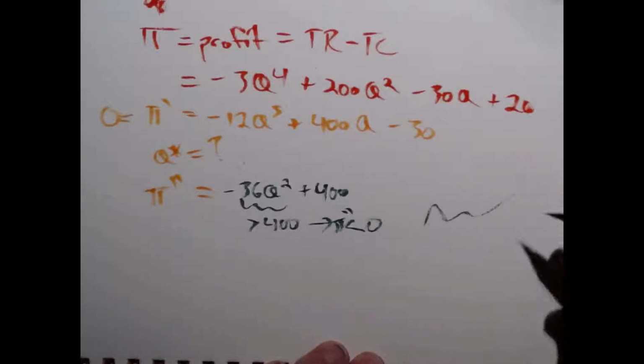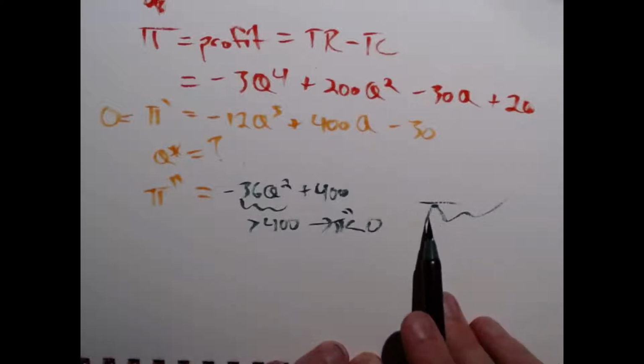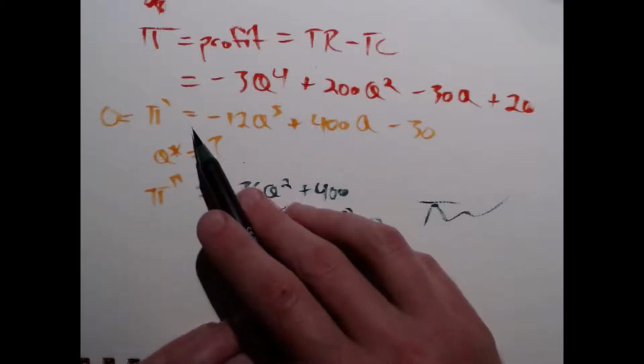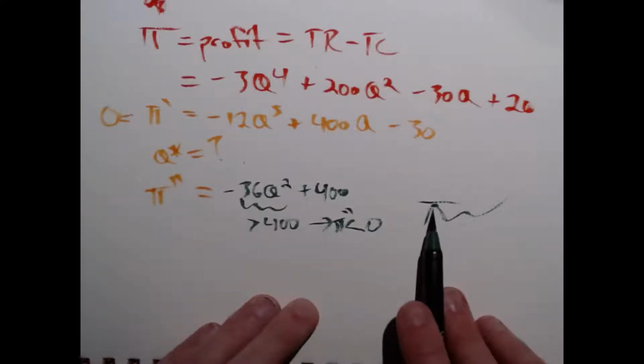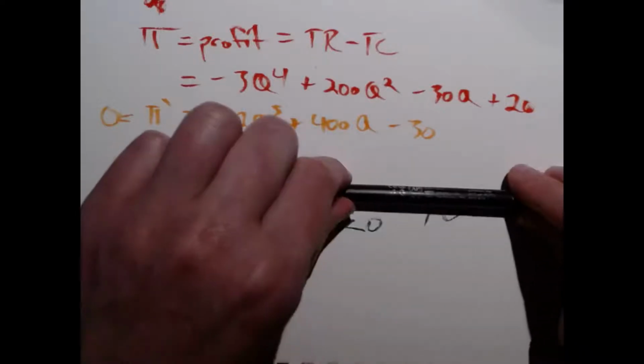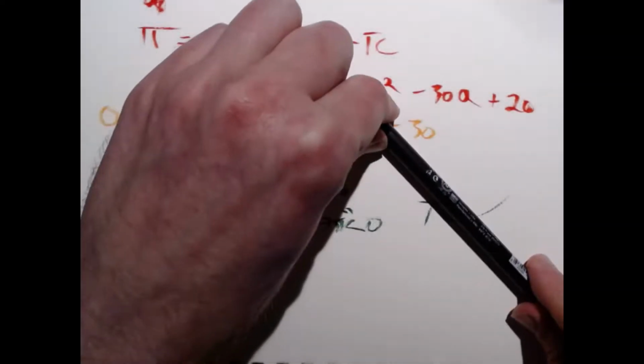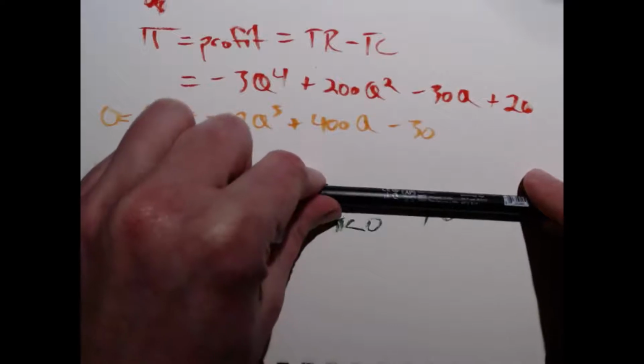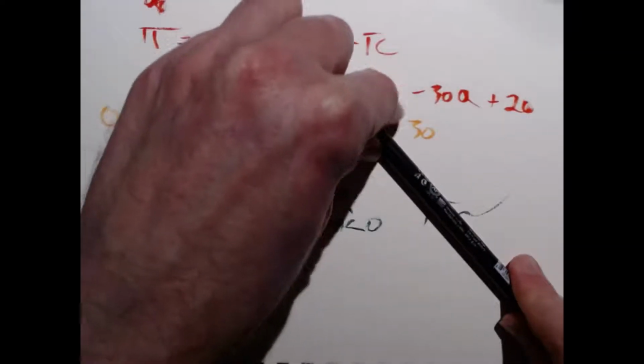Well, we've got some function. We're looking at some point where the slope is 0, and it is getting smaller as we go past that, the slope, pi prime. So here we've got a slope of 0, and it gets smaller. It goes to a negative slope. It started at a positive slope, got smaller until it was 0, and then it kept getting smaller past 0.